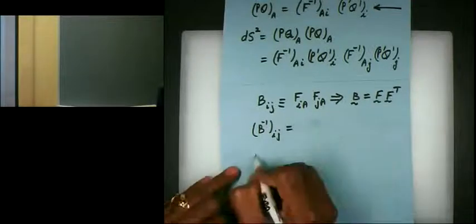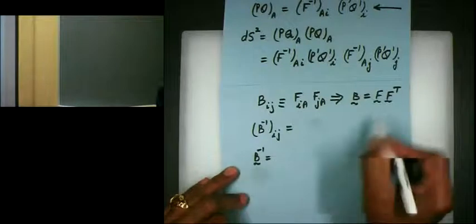So what will be B inverse then? If you take the inverse of the product of two matrices, what do you have to do? What do you get? So how will I write B inverse now from here? Am I making sense? B is equal to F F transpose. So what is B inverse now?